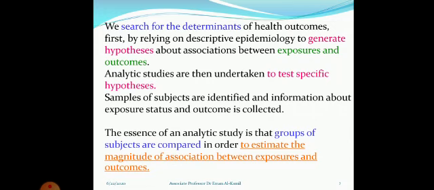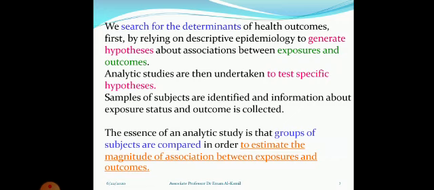In this lecture, we are going to always mention the terms exposure and outcome. The exposure means the exposure to certain risk factors, and the outcome is the development of the health problem or change in the health problem.